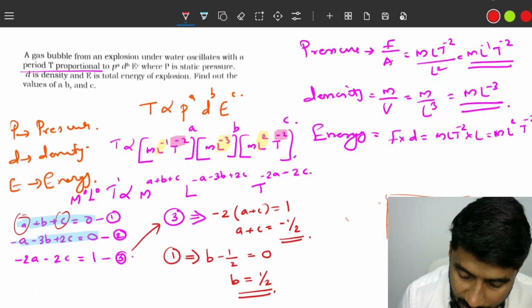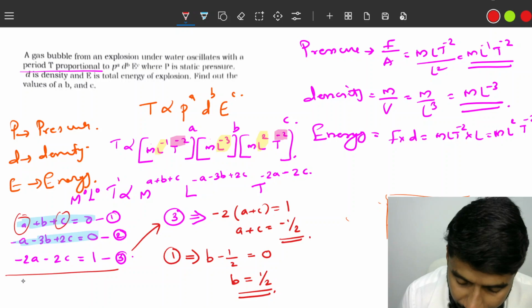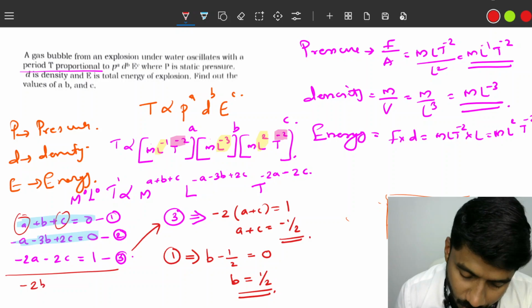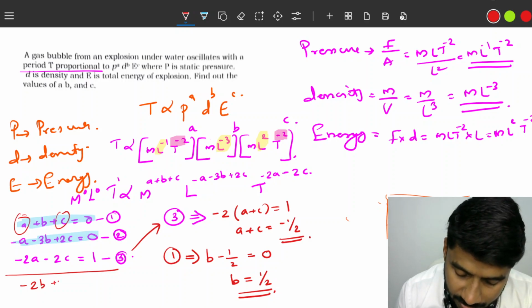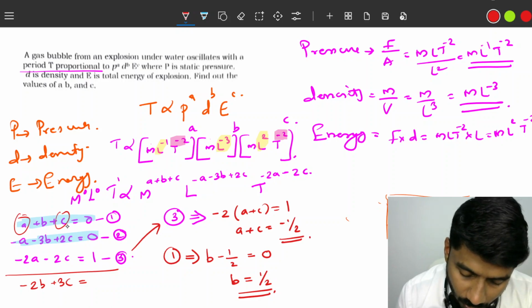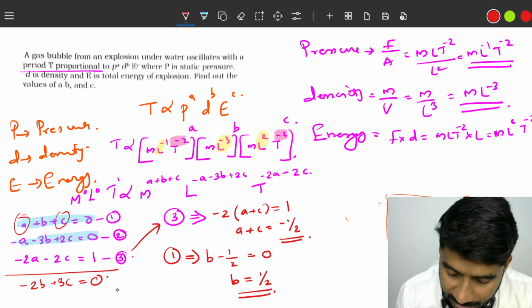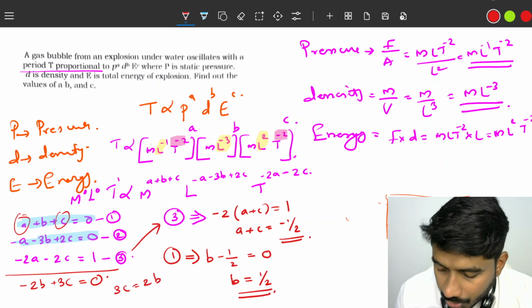You just add the two equations. A plus minus A is 0, B minus 3B is minus 2B, C plus 2C is 3C, equal to 0. So minus 2B plus 3C equal to 0. So you will get 3C equal to 2B.